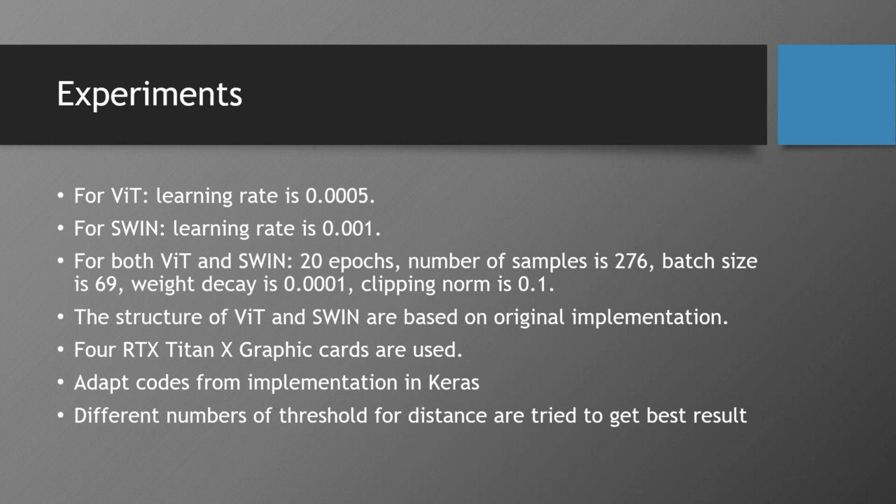If the distance is larger than the threshold, we consider it a genuine forged pair. We try out all different numbers for this threshold, and then use the threshold which gets the highest accuracy for our model. So that's all the experiment details.